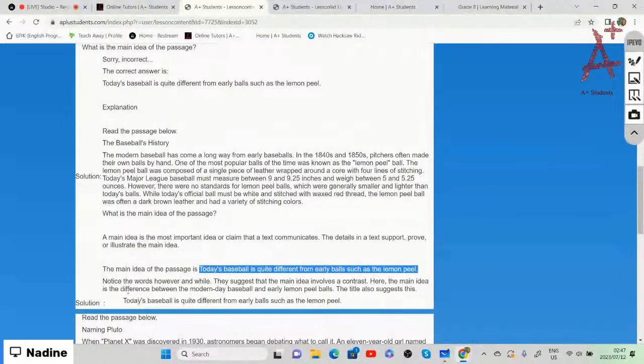They are telling us about the modern day baseball, which they say must be measured between 9 and 9 and a quarter inches and weigh between 5 and 5 and a quarter ounces.